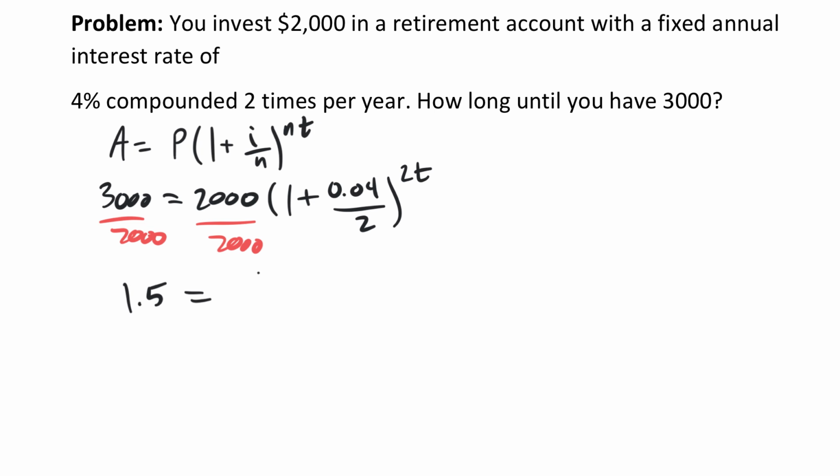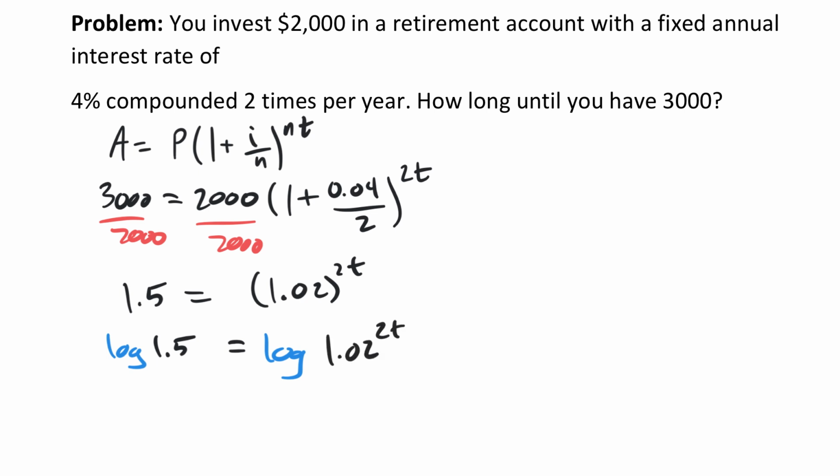That'll be 0.02. So 1.02 to the 2t. Now I log both sides. So log of 1.5 equals log of 1.02 to the 2t. I bring down the 2t. Give me log of 1.02, log of 1.5.